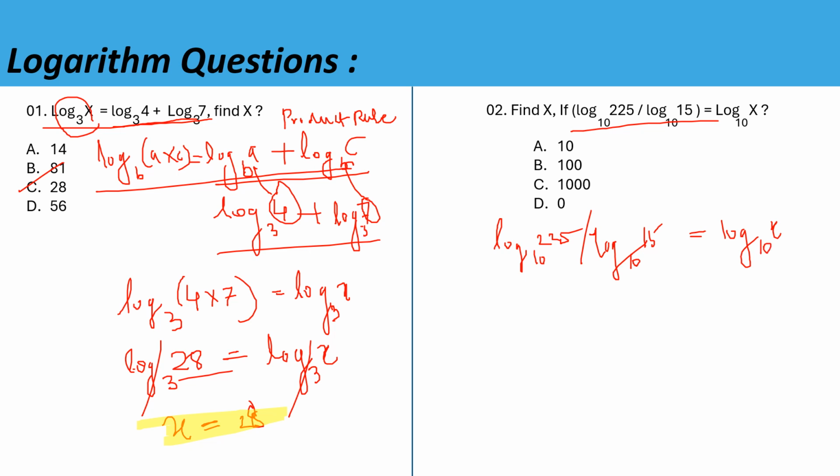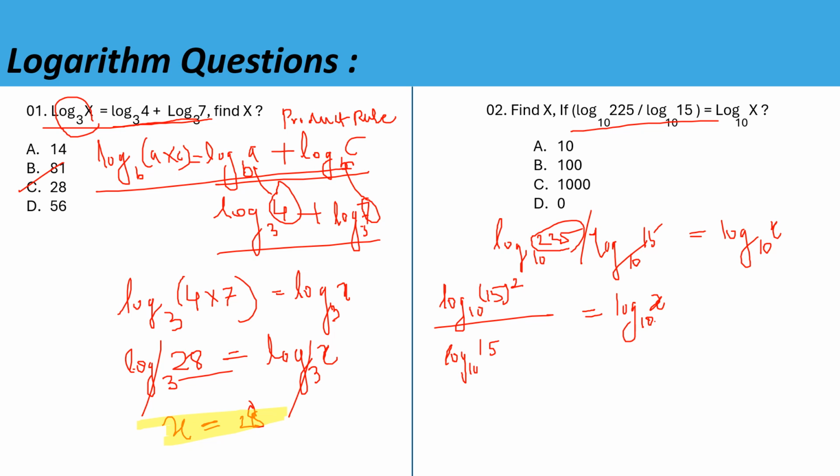So if you see, 225 is 15 square, so we can write this equation as log 15 square to the base 10 divided by log of 15 to the base 10, which is equal to log of x to the base 10.